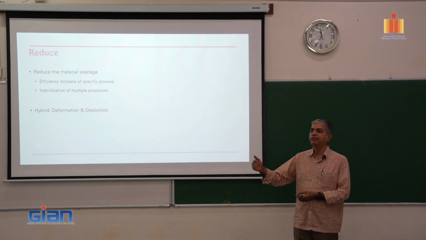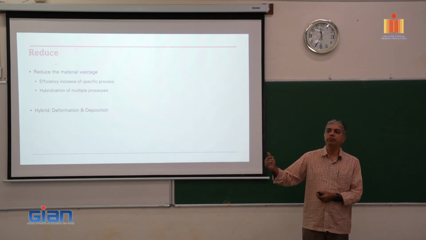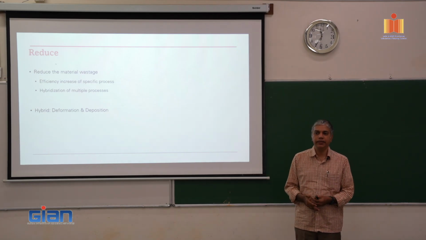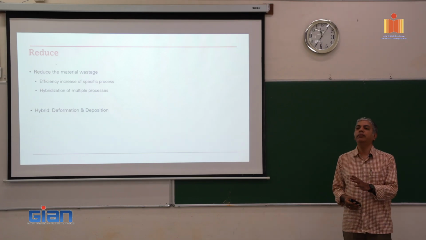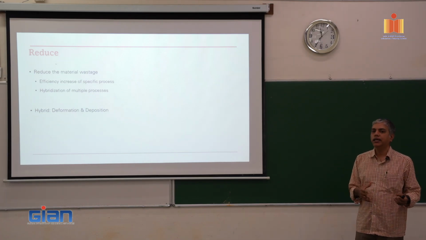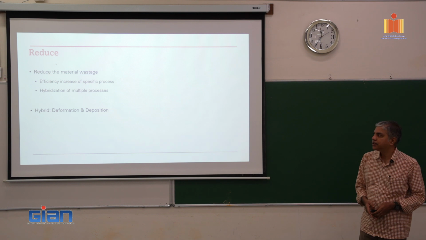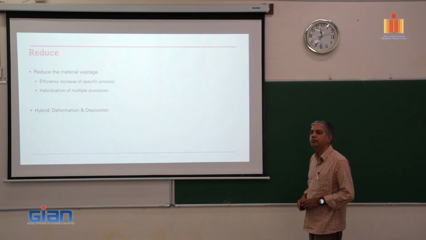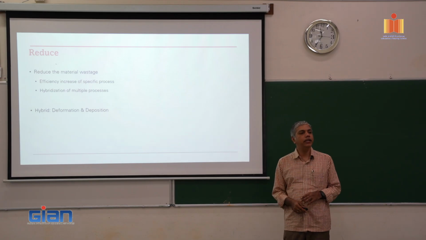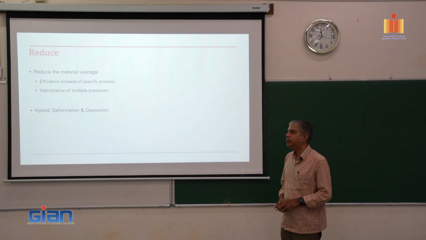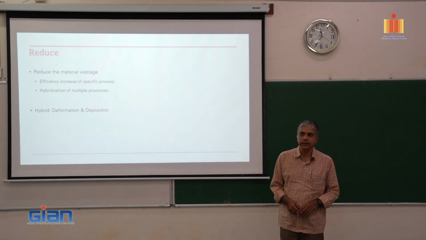The process itself has a certain upper limit, the best possible scenario. So we also need to look at how you can hybridize different processes so that you can leverage the advantages of each. One such example we have taken is the hybridization of deposition and deformation processes.